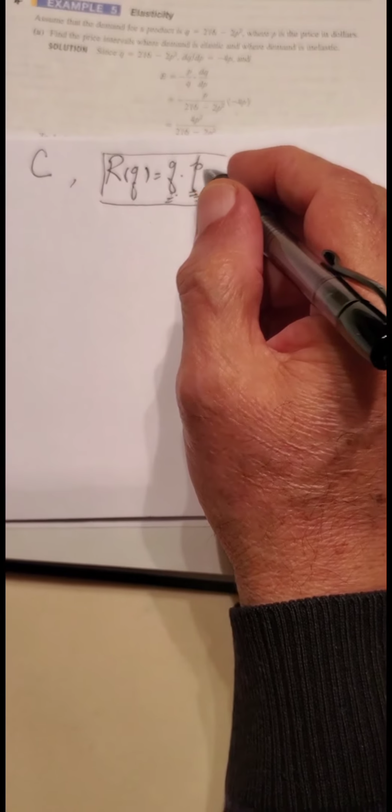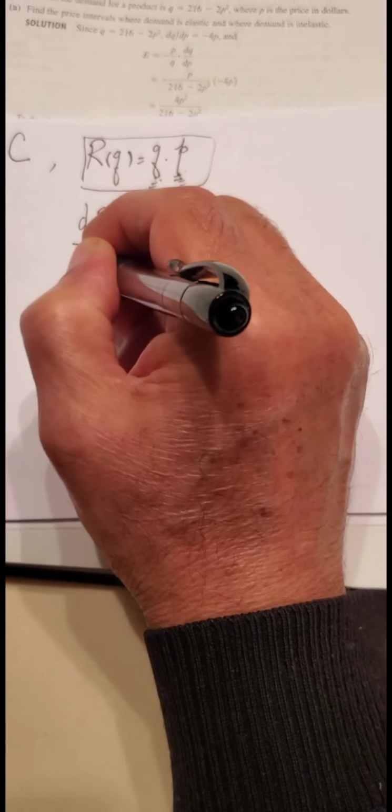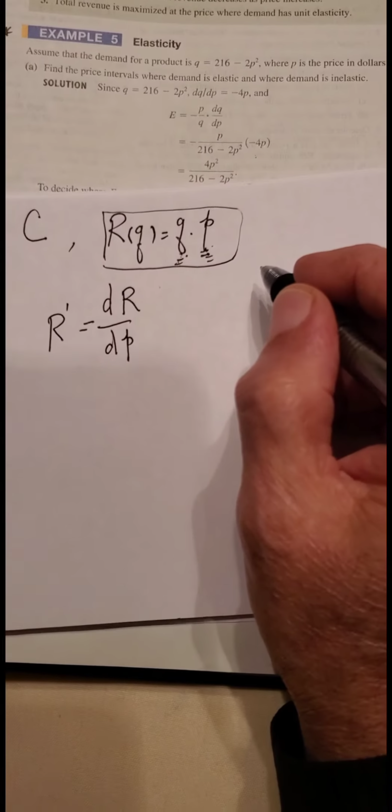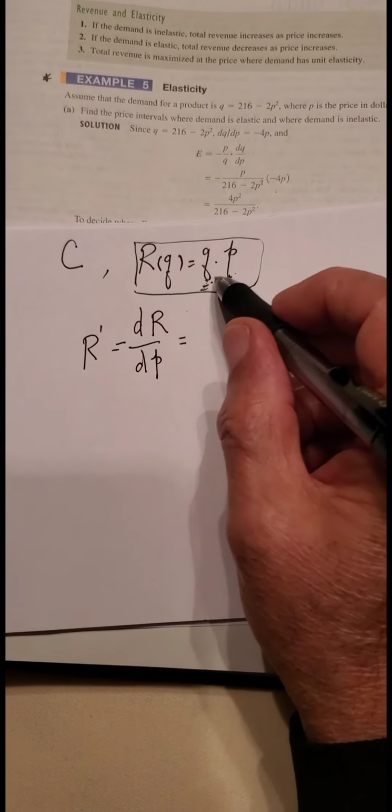Right now we just take the derivative of this. So we take the derivative of R with respect to P, which means R prime. And if you take the derivative of this, how much would that be? That would be the derivative of PQ.